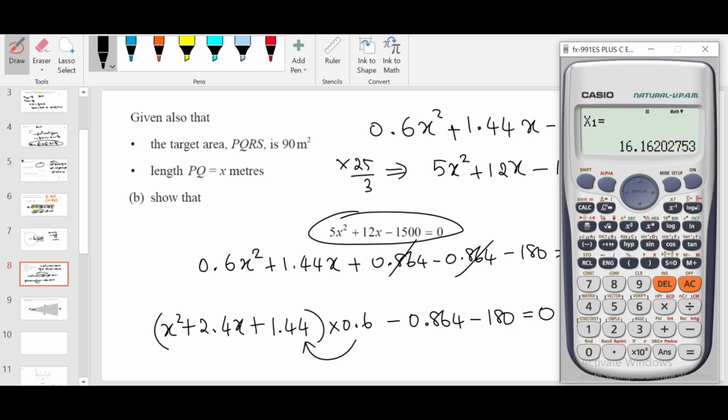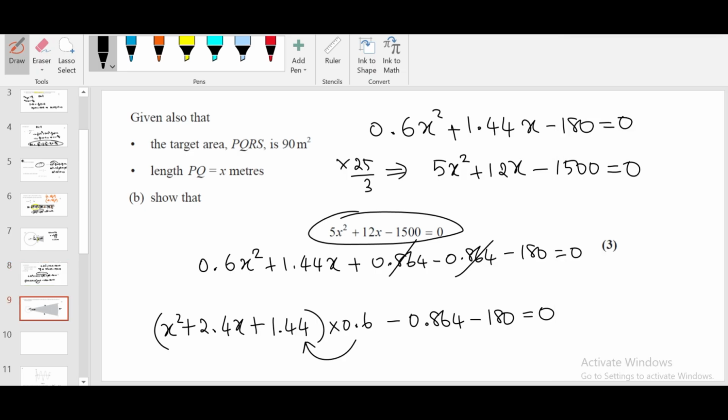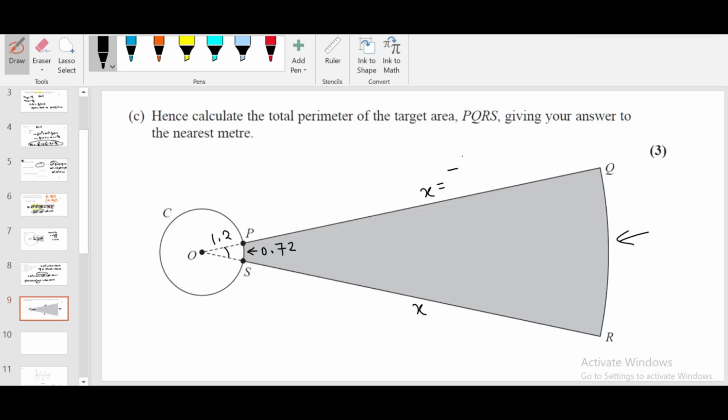So when I change it, I get positive. Okay, so I'll take this value. How about the next value? It's a negative number, so ignore it. So the value of X is basically minus 6 plus 4 root of 471 over 5.